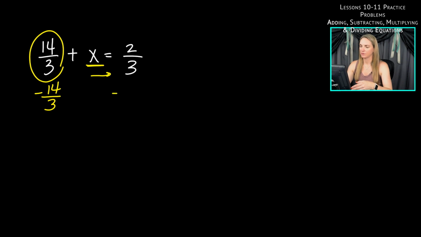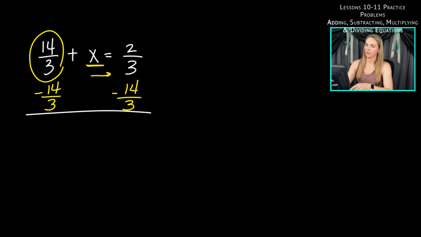So I'm also going to have to subtract 14/3 from the other side of the equation. And so what that does is that is going to cancel this out. 14/3 minus 14/3 is 0, and x plus 0 is just x, so we've now isolated our x on the left side of the equation. Now we have to solve the right side to find out what x equals.